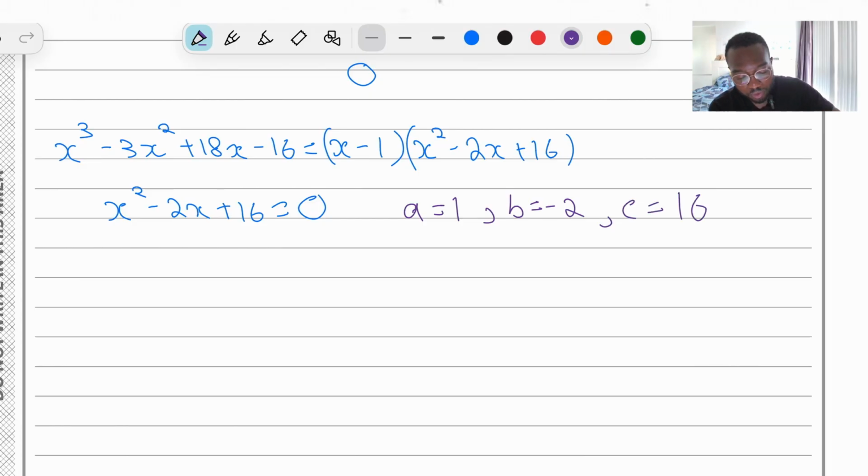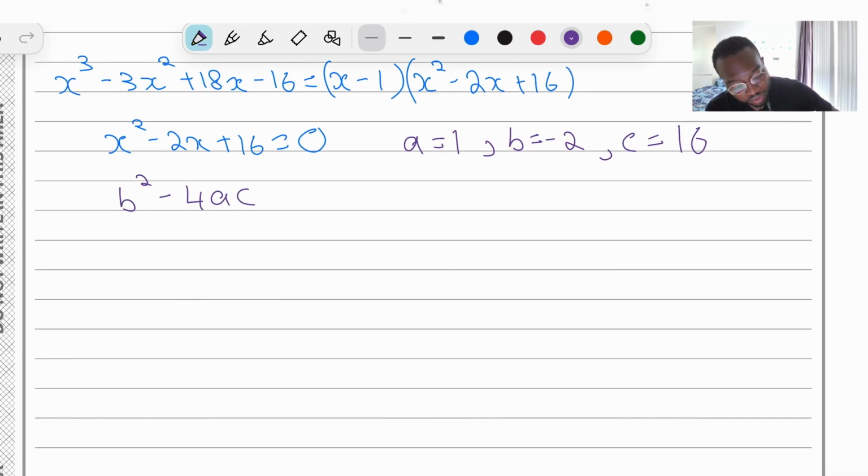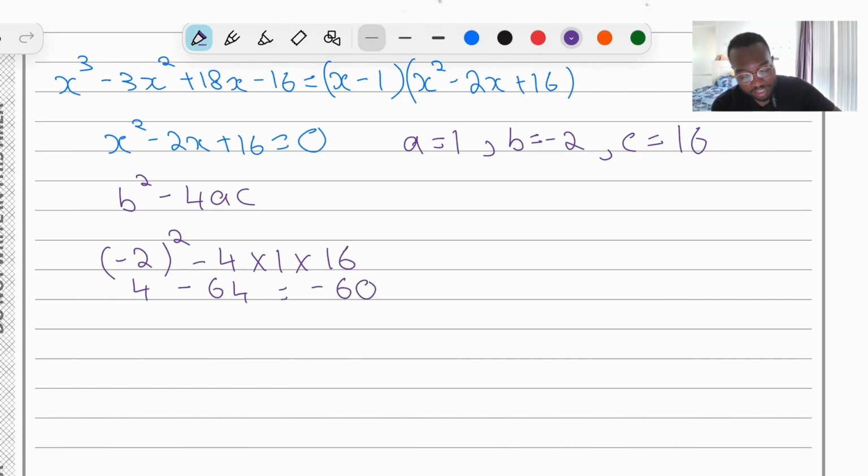So if we do the discriminant, let's write that b squared minus 4ac. That's minus 2 squared minus 4 times 1 times 16. So that gives me a positive 4 minus 64, which is minus 60.